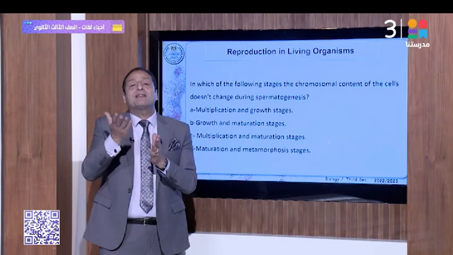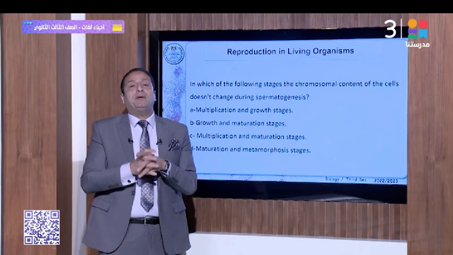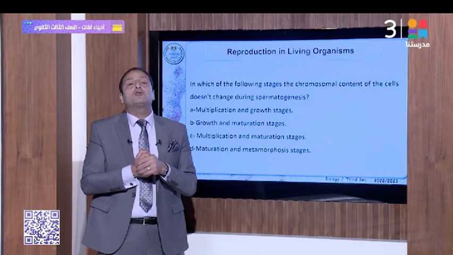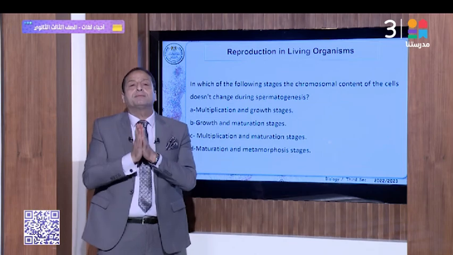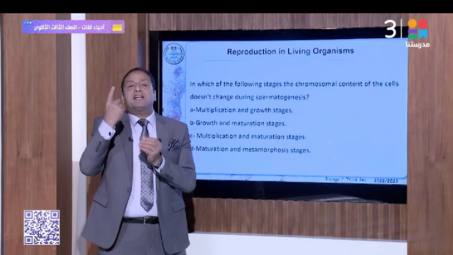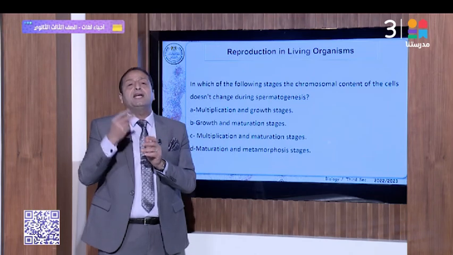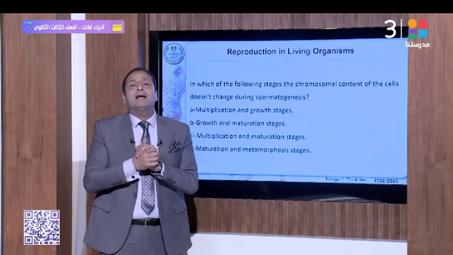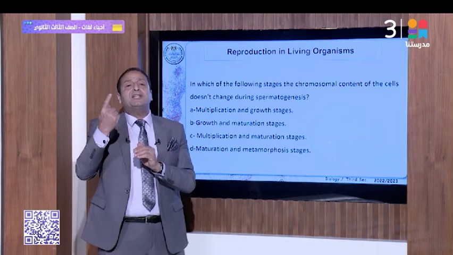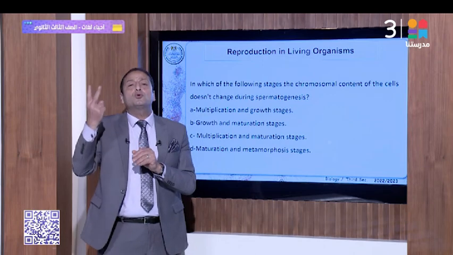Maturation, when human males reach puberty: first meiotic division. Each primary spermatocyte divides by the first meiotic division, giving a secondary spermatocyte. In the second meiotic division, each secondary spermatocyte gives 2 cells.